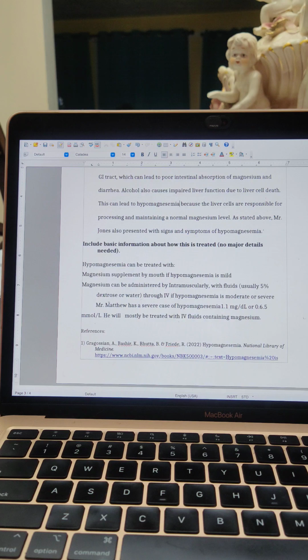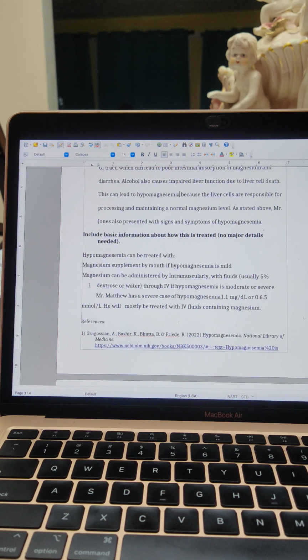Hypomagnesemia can be treated with magnesium supplements by mouth if the hypomagnesemia is mild. Magnesium can also be administered intramuscularly or with IV fluids, usually 5% dextrose in water through the IV, for moderate to severe hypomagnesemia.